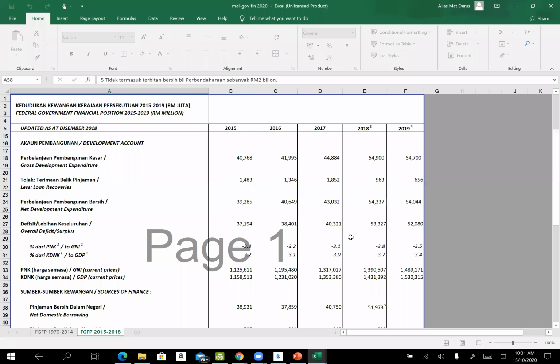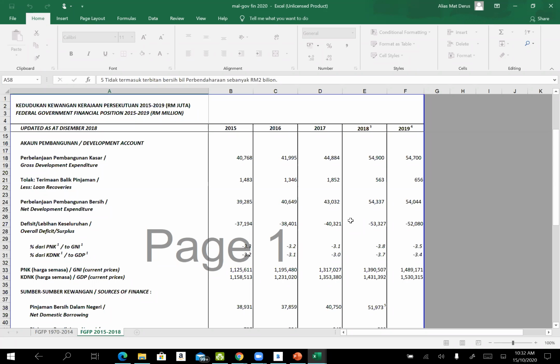Borrowing, sir. Yes, you borrow. So the government borrows. When the government borrows, that will contribute to the deficit, or rather to the debt. Of course, that also contributes to the deficit. Our debt will be accumulated by the borrowing.